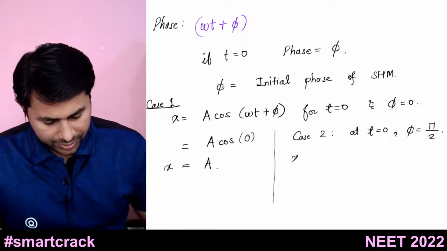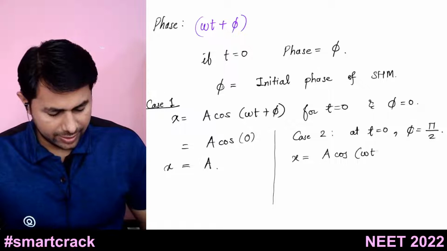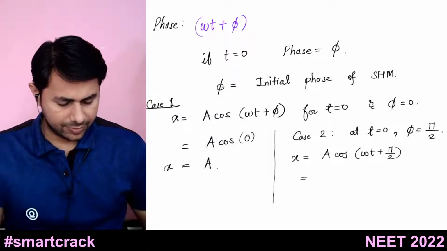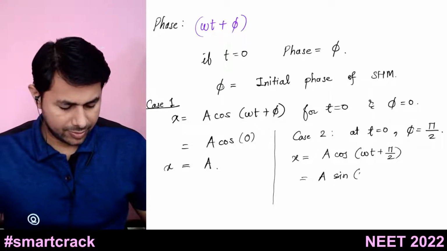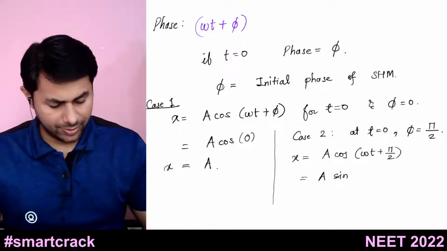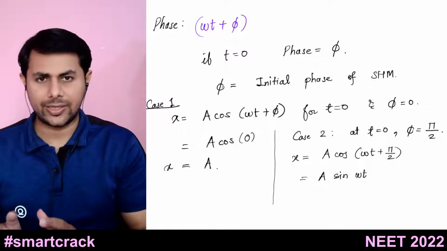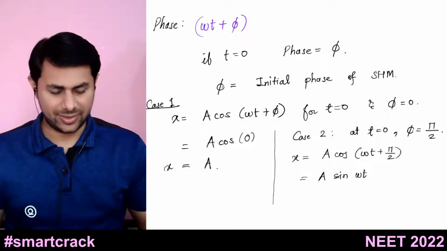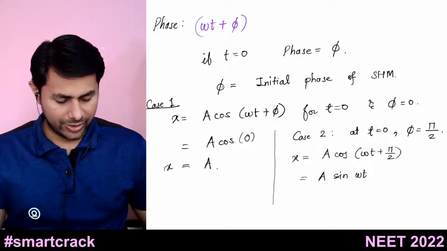So x equals to a into cos of omega t plus pi by 2. That is a into sine of omega t, because cos of theta plus 90 degrees is sine of theta. So you get a sine of omega t, and what does this mean?